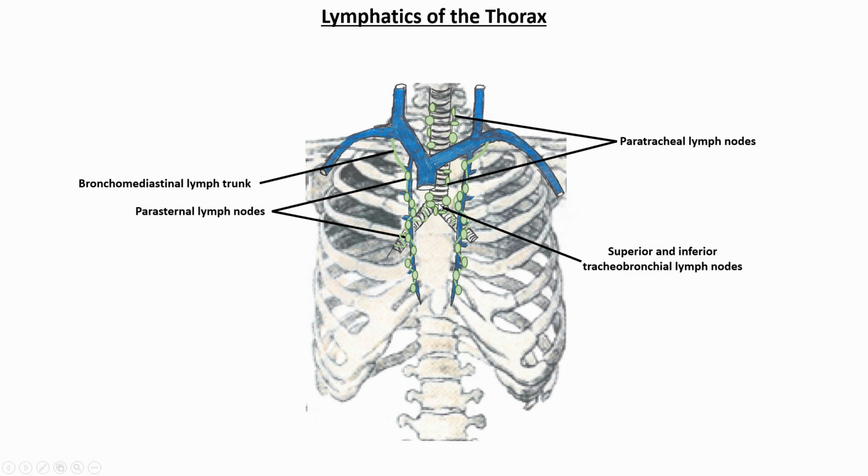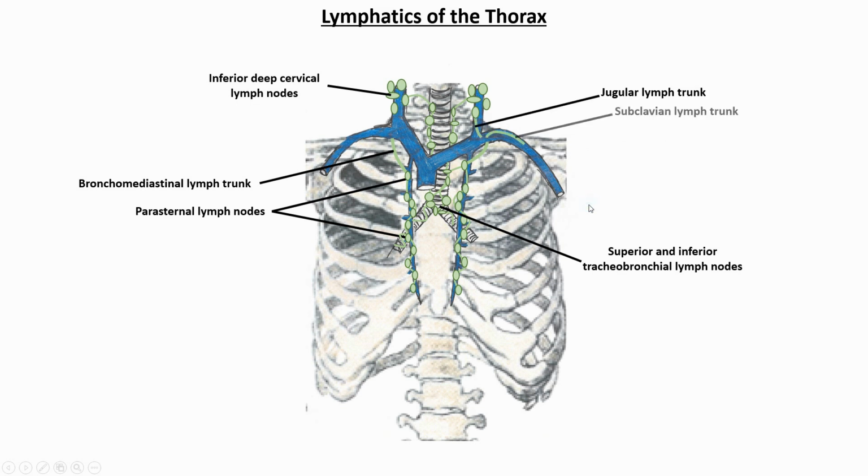It will encounter the tracheobronchial lymph nodes and then drain superiorly through these paratracheal lymph nodes, and it can divert off and go through the bronchomediastinal trunk, or it continues superiorly in the paratracheal lymph nodes and encounters the deep inferior set of cervical lymph nodes. And at that point, either that lymph from the lungs can go through the bronchomediastinal trunk or the jugular trunk to reach the subclavian veins.